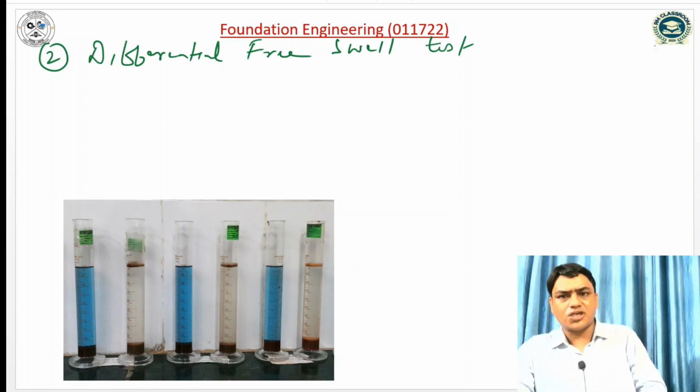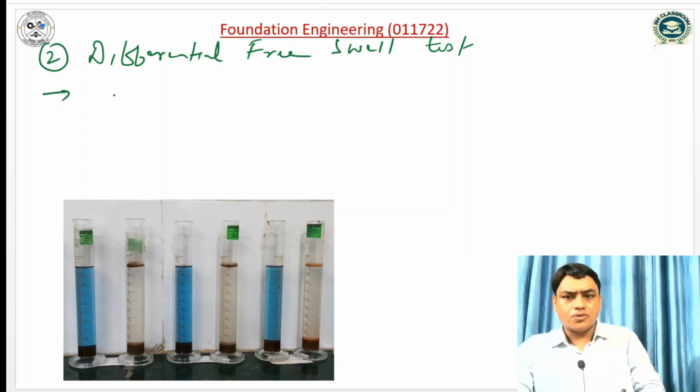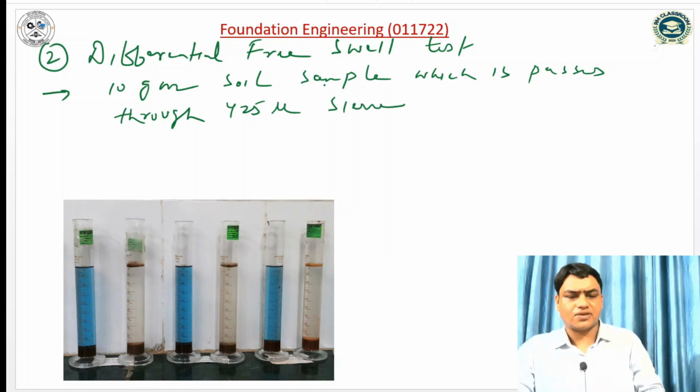If I write the procedure, we can see here this is the cylindrical measure of 100 ml capacity, one is filled with kerosene and one is filled with water. 10 gram soil sample which passes through a 425 micron sieve.